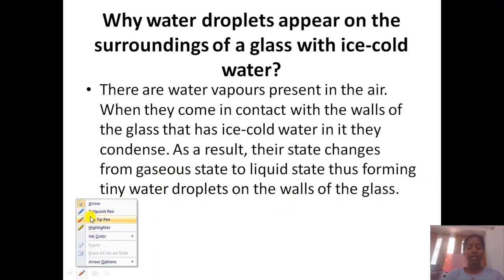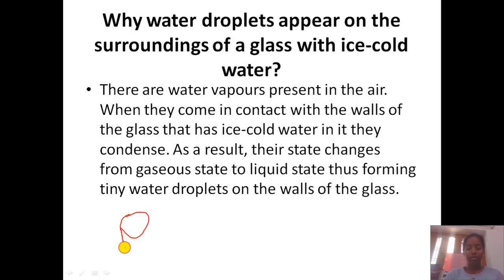So what happens here? Sorry for my diagrams, though. If you are having a glass and there is cool water in it, maybe you can take some ice cubes or Coca-Cola, then there is water vapor. Now this water vapor comes in contact with your cool glass, and what happens?